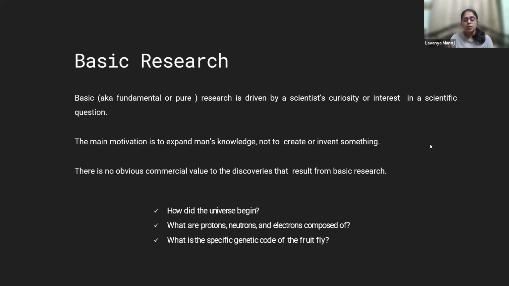The main motivation is to expand man's knowledge, not to create or invent something. So definitely not to invent something. Invention is not here. You're not going to create something new. This has already happened in the past.